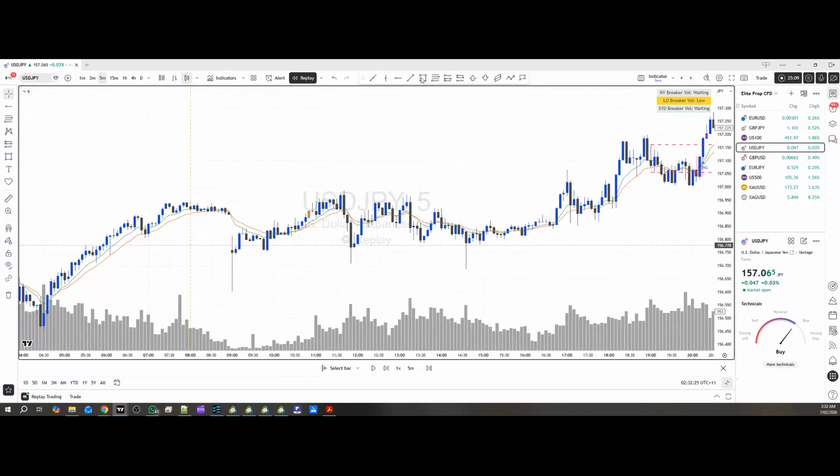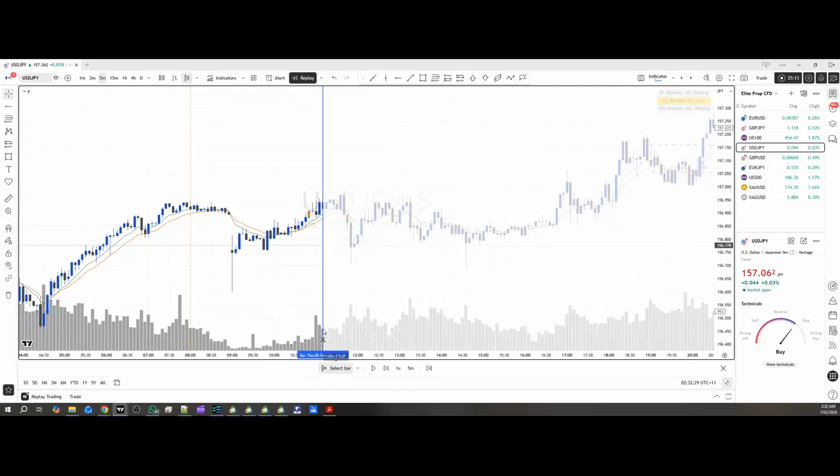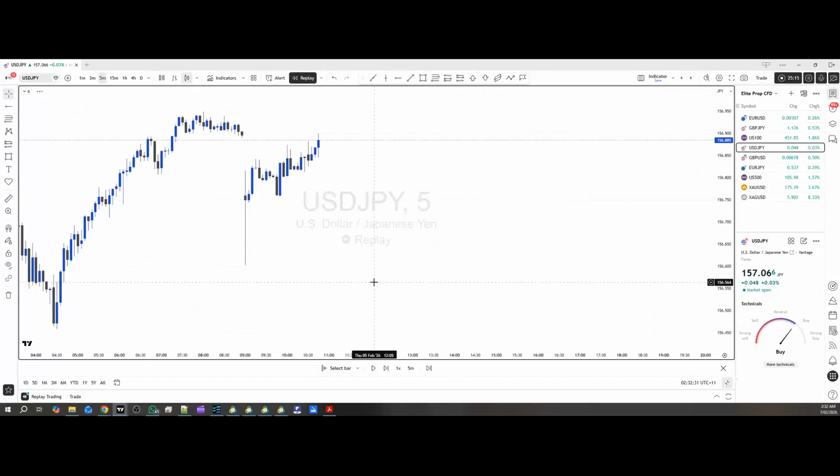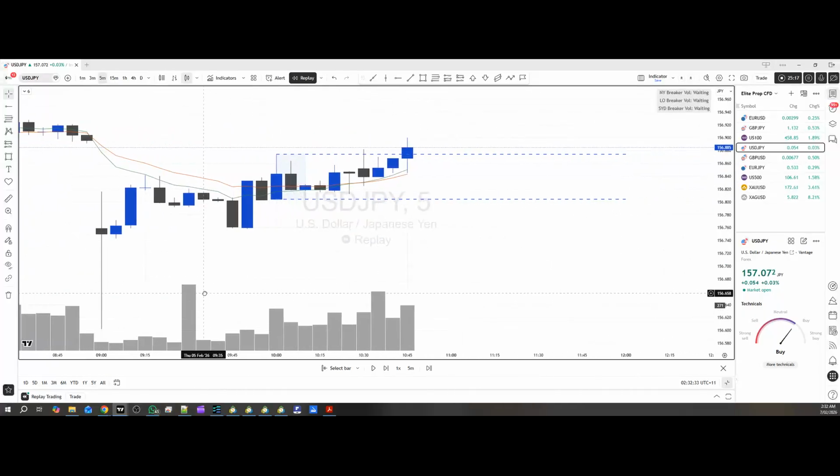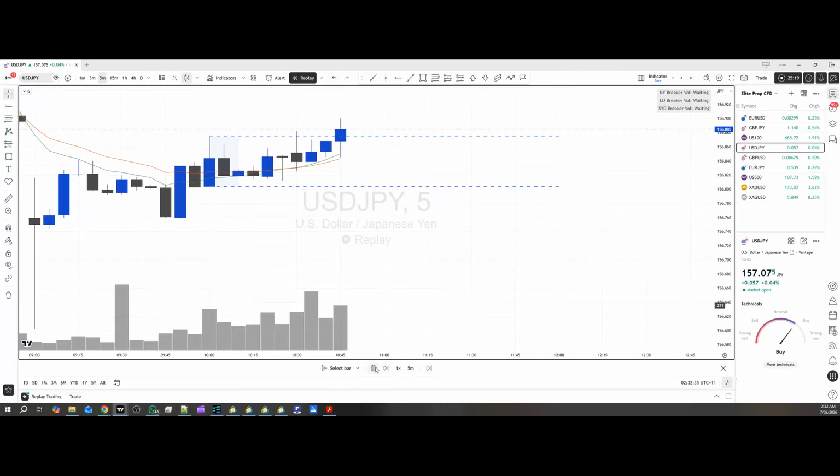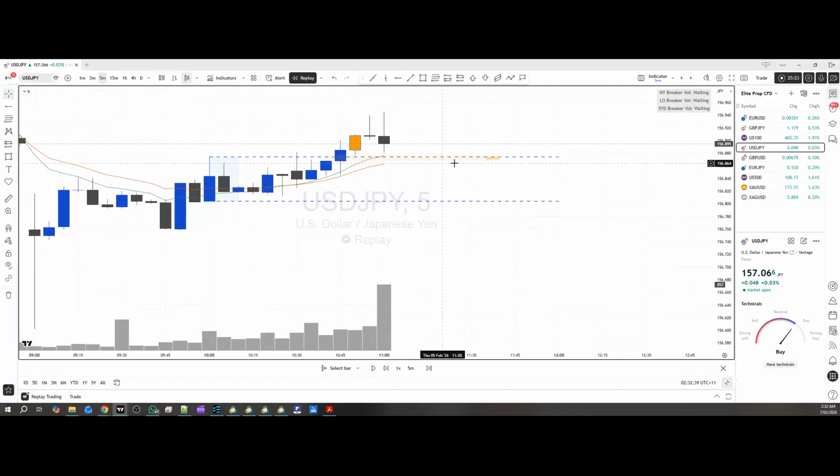There are a few rules when we trade just the fair value. So I go there, I make it bigger, give you an example. Now look, just fair value gap, no signal, correct?